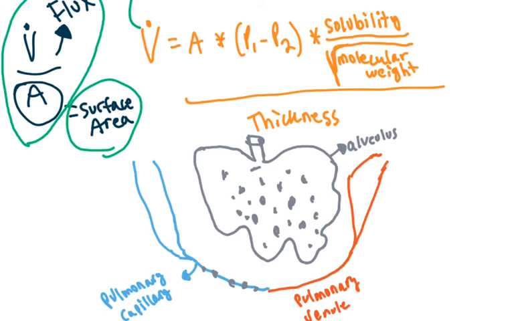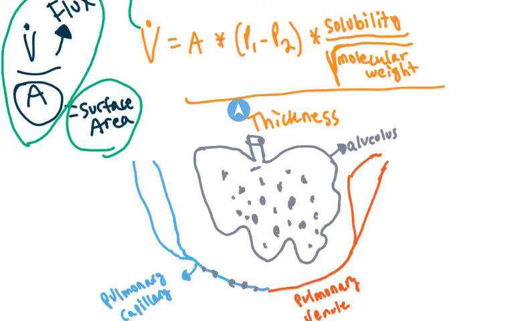If you increase the molecular weight, the denominator of this separate fraction of the diffusion constant will get bigger, which means this whole value of the diffusion constant will get smaller. If this whole value gets smaller, the whole numerator gets smaller, which means that our whole rate at which the molecules will flow will also get smaller. So if you increase the molecular weight of each particular particle, it's going to take longer for it to flow down into pulmonary blood vessels.